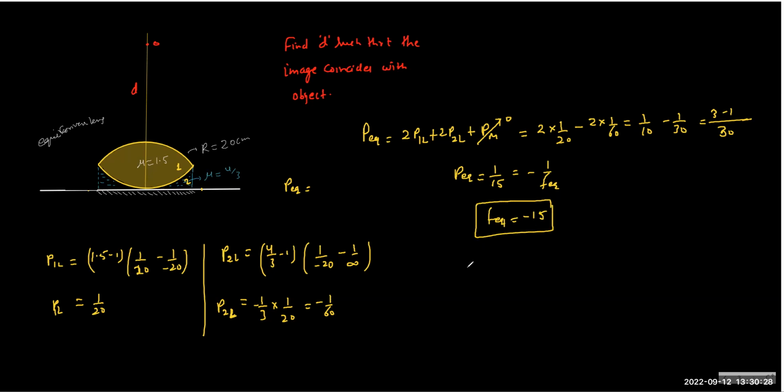And so 1 by V plus 1 by U. The V we want is minus D, and U is minus D. And F is minus 15.